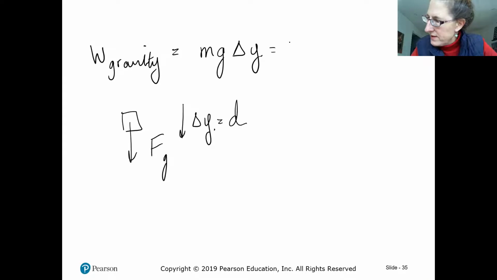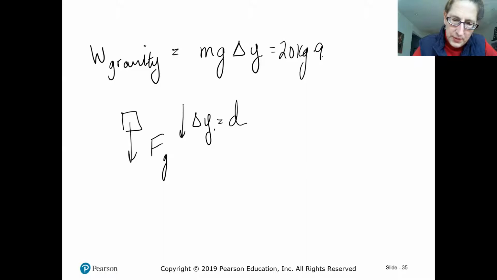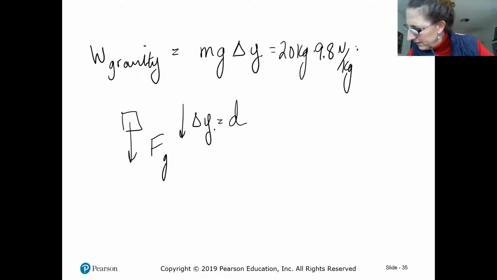And so this is positive. And so it's the mass. What mass do we have here? 20 kilograms times 9.8. And the displacement was 4 meters. From 6 to 2, so it's 4 meters.